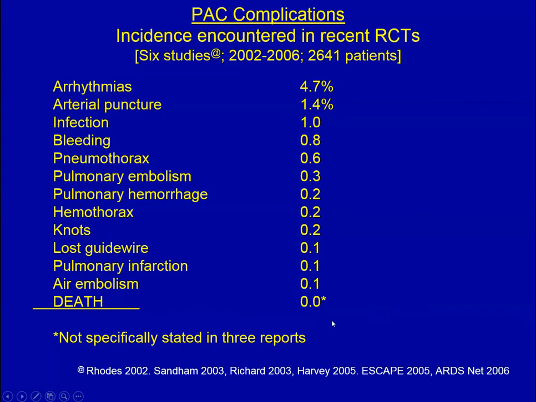The best evidence we have are from 6 randomized controlled trials, of whom about 2,500 patients received pulmonary artery catheters, and you see that there were no deaths in these 2,500 patients, and the incidence of complications were relatively low. Arterial puncture, of course, is not a complication of the PA catheter itself, but of vascular access.